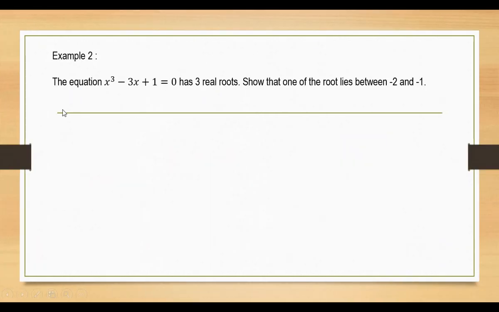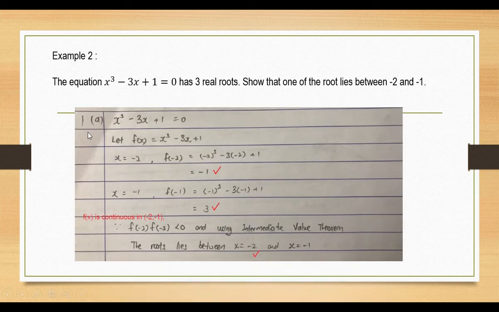Okay, look at example 2. The equation x cubed minus 3x plus 1 equals 0 has 3 real roots. Show that one of the roots lies between negative 2 and negative 1. So we use the IVT. First, we let f(x) equals x cubed minus 3x plus 1. We substitute x equals negative 2 into this equation and we get negative 1, which is less than 0.